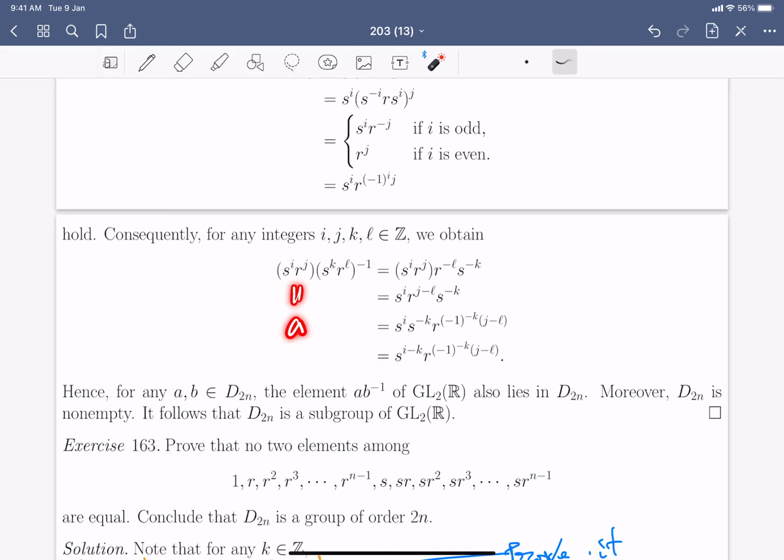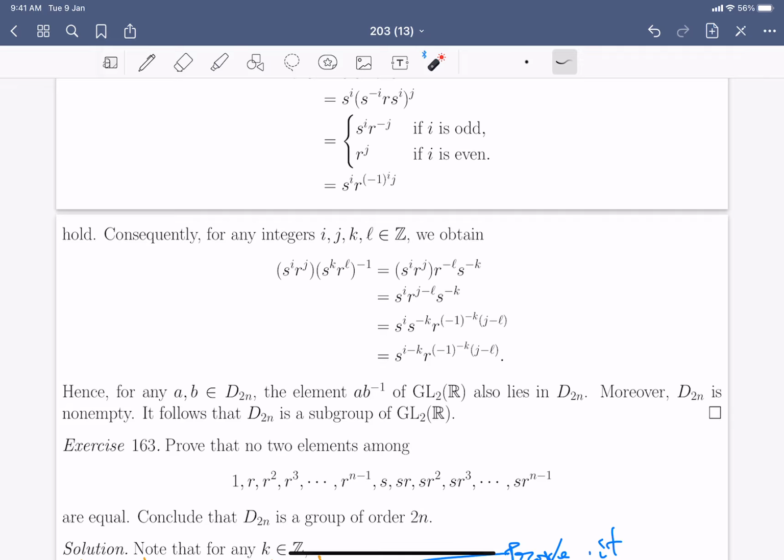So you have taken an element A and an element B, and you have expressed A as a product of a power of S and a power of R, and you have expressed B as a product of a power of S and a power of R. And now when you invert the second element, you end up getting R power minus L. And then these two elements can be combined by the associativity property of the composition law of GL2R.